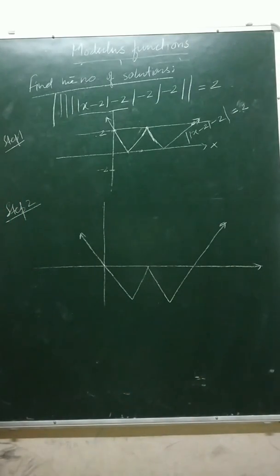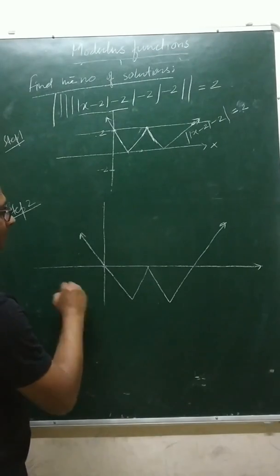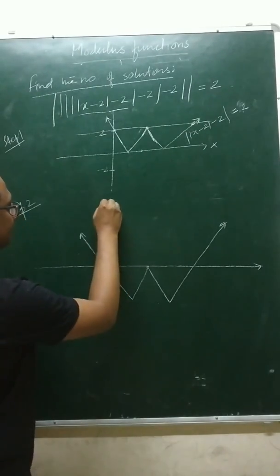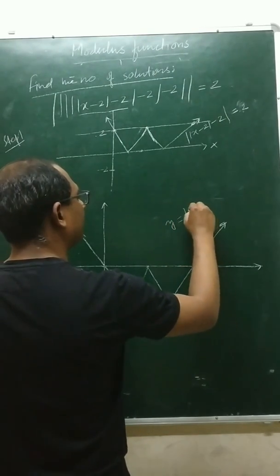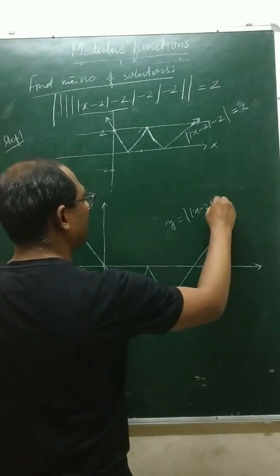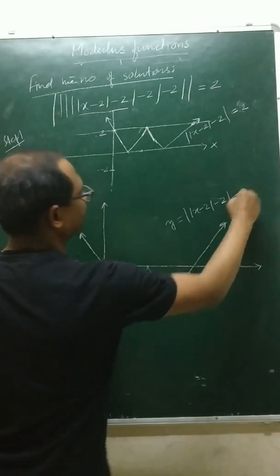This one will be the graph of y equal to modulus of modulus of x minus 2 minus 2, minus 2.